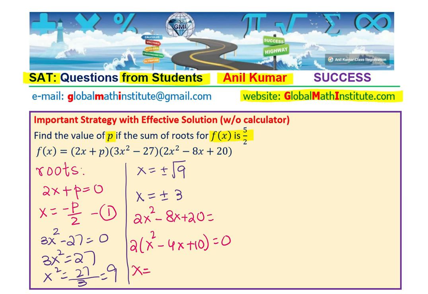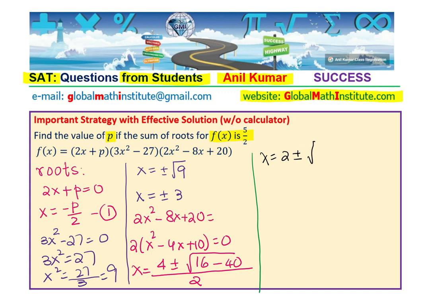So x equals to minus b, which is 4, plus minus square root of 4 squared, which is 16, minus 4ac. So 4 times 10 is 40, over 2 times a, which is 2. So these are the roots. What you really notice is that the other two roots are basically x equals to, I can write this as 2 plus minus square root of a negative number, right?